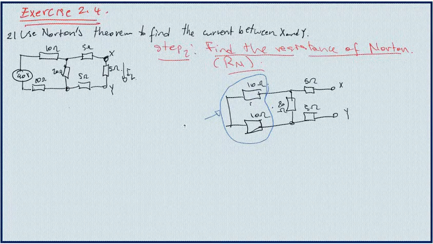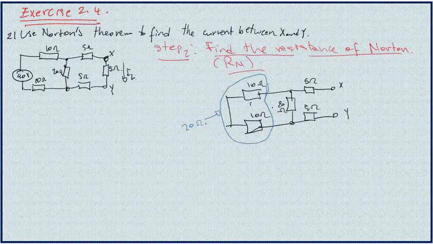So 10 plus 10 gives 20 ohm. Now this 20 ohm, if you look properly, this block is in parallel with that resistance. So I can find the resistance of these two.